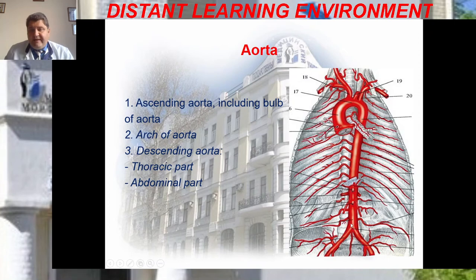And you may see that abdominal aorta at level of fourth lumbar vertebra divides into common iliac arteries.